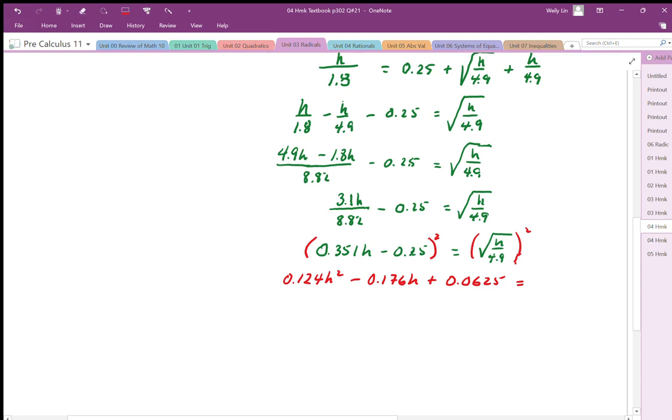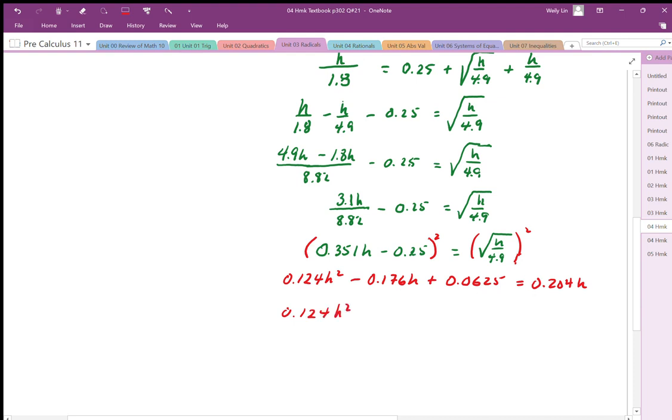And on the right hand side, I'm going to end up with h over 4.9, and let's convert that into a decimal: 1 divided by 4.9 is going to be 0.204h. Okay, so then I'm going to make my quadratic equation.